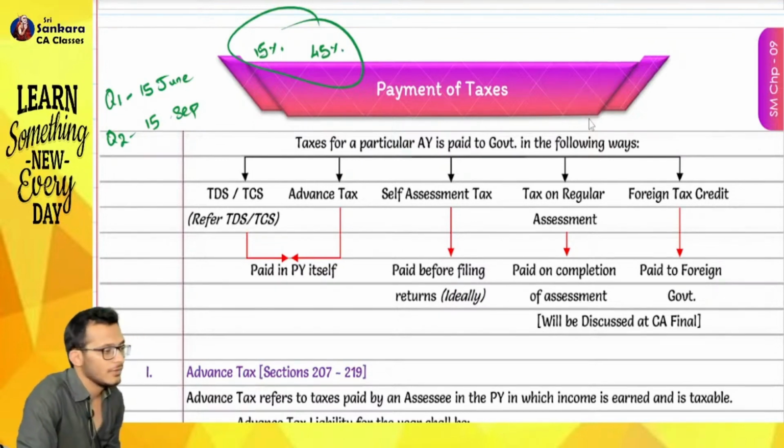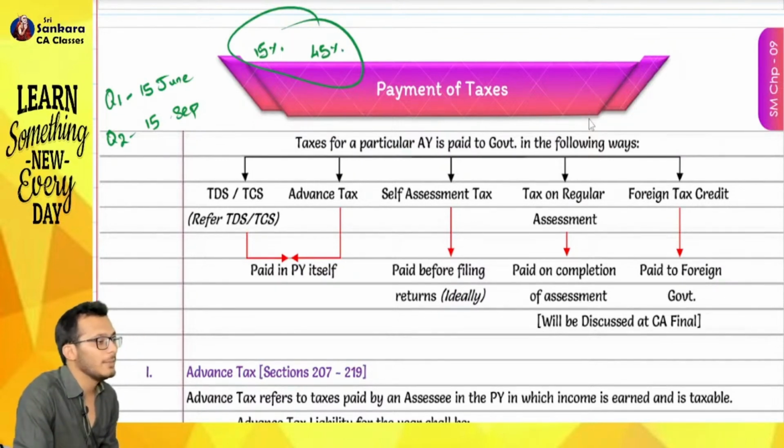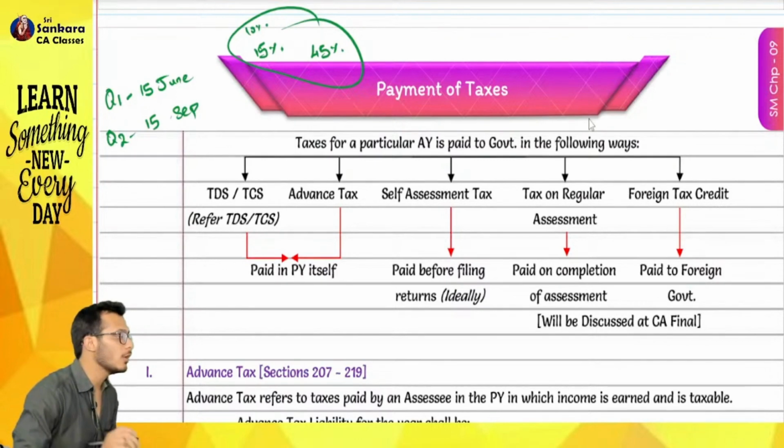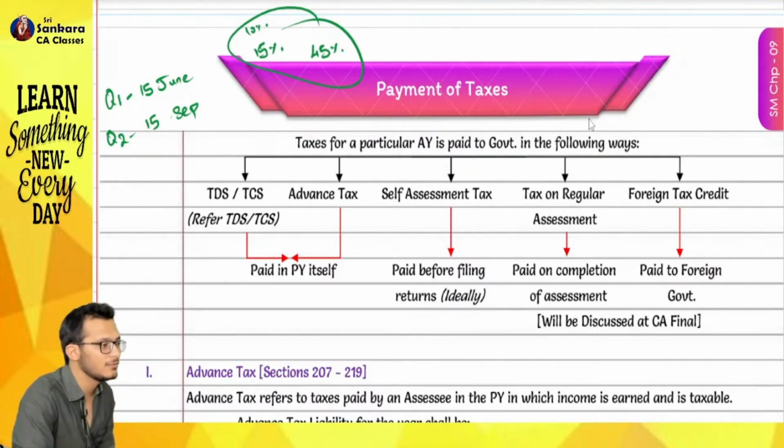Please understand, it is not me asking you to pay an extra 45. It is me saying, in case you remitted only 10%, by quarter 2 you should have remitted 45, which means there is a gap, cover it up. This is 45 cumulative, it is not standalone. If you have remitted the proper 15, next time you will pay only 30.